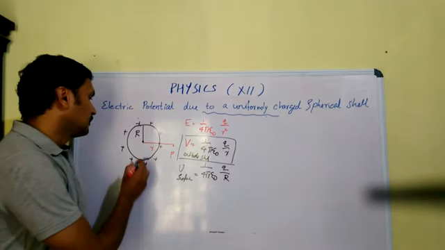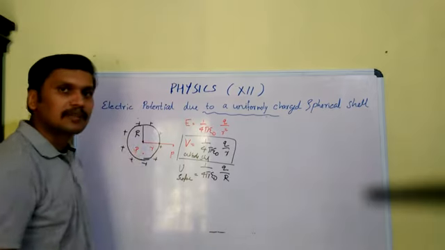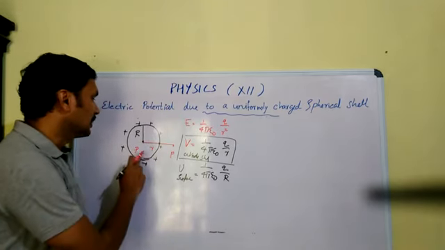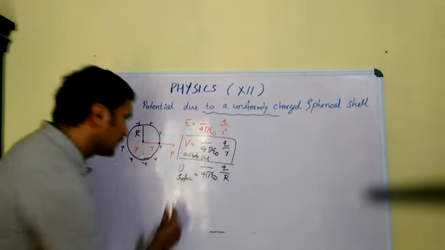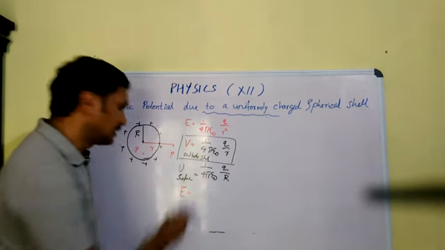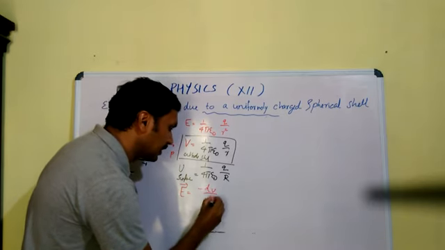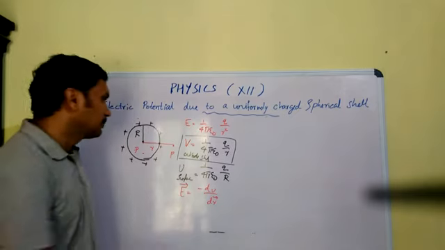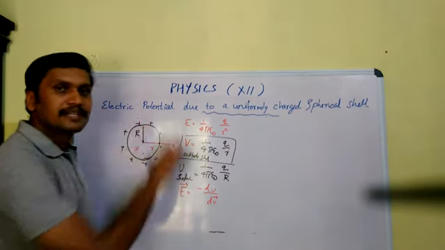Now, if the point lies inside the shell, what is the electrostatic potential at this point? We have a relation between electric field intensity and potential: E is equal to minus dV by dr. We already proved that the electric field is equal to 0 inside the shell.